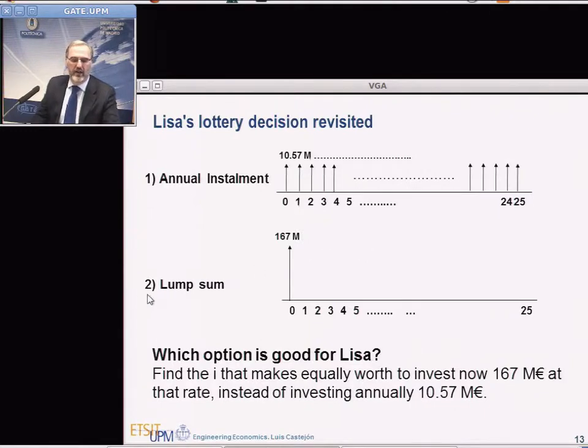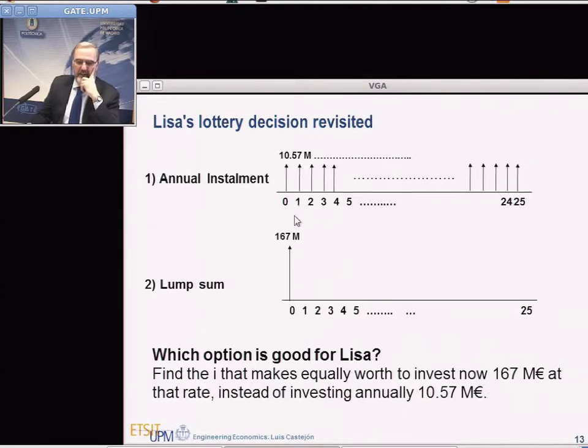As the second alternative is the lump sum, we know the present value because it's today. We are going to concentrate on calculating the present value of this future stream of cash flows. So the problem is finding the interest rate that makes it equally worth to invest now this amount at that rate instead of investing annually 10.57 million euros.